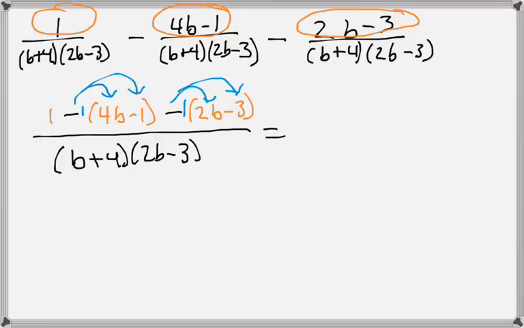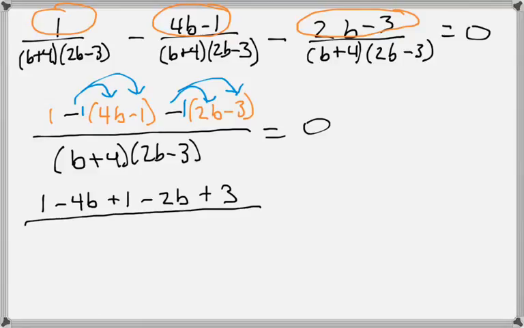That's going to leave us with 1 minus 4b plus 1 minus 2b plus 3 all over b plus 4, 2b minus 3. Now we need to combine like terms. So I have a negative 4b and I have a negative 2b.